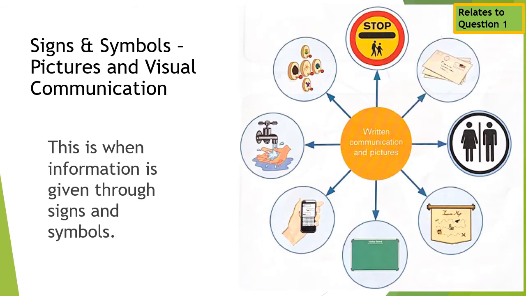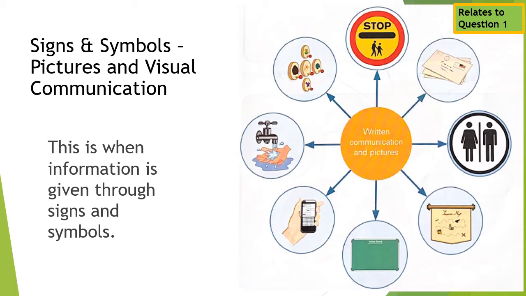We've got signs and symbols, pictures and visual communication. So this is when information is given through signs and symbols. And you'll see on this slide there are a few different signs and symbols for some examples. You've got the stop, the children crossing. You've got coat pegs there on that picture. So if it was in a nursery or a school environment, the children would know where to hang their coats, and they've got pictures on there as well.